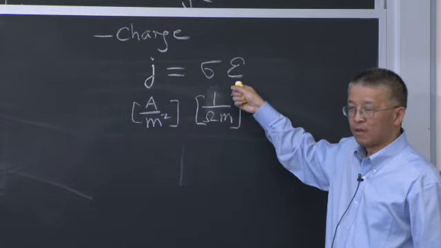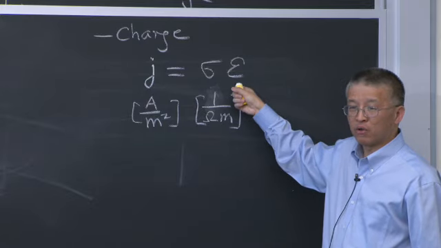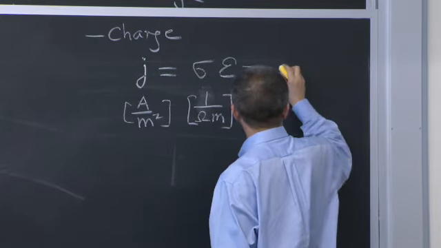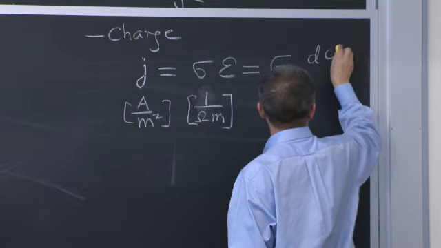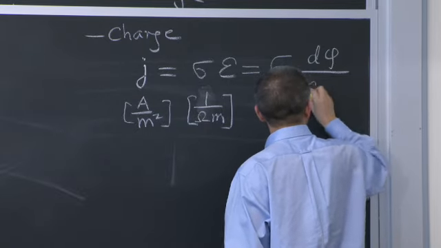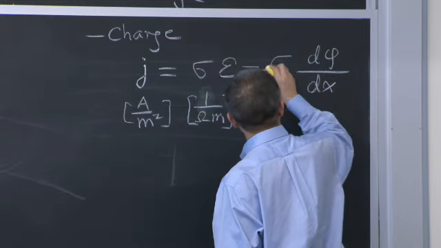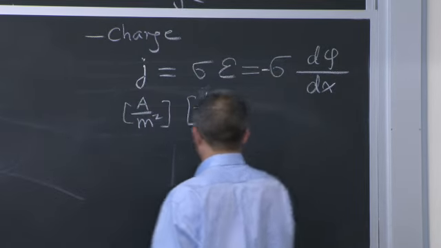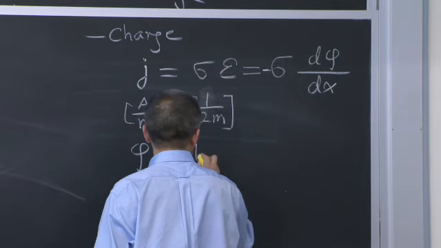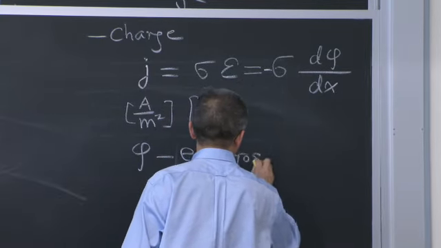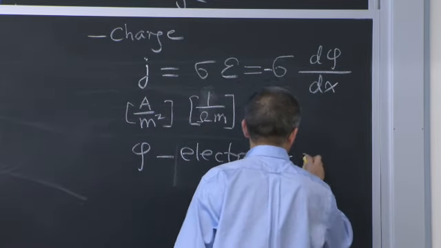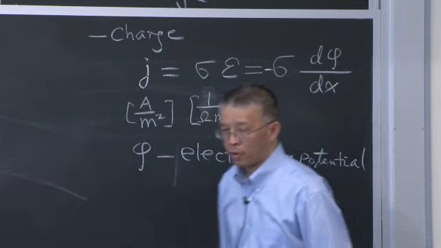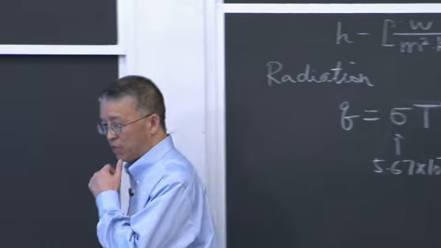Electric field is the derivative of potential, right? So I have sigma and d phi dx. And I should have a minus sign, right? So phi is the electrostatic potential. Okay? So that's for charge, right?